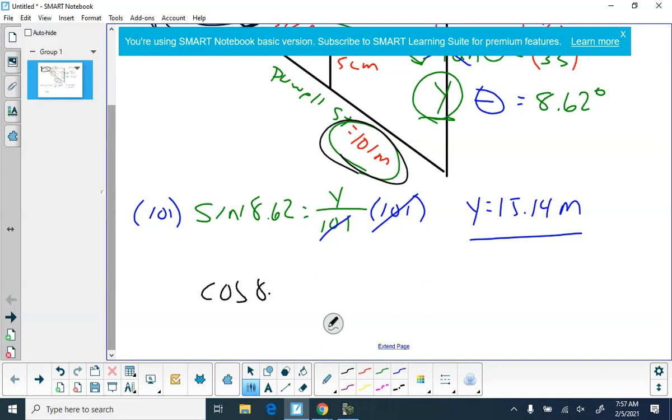Cosine 8.62 is equal to what over what? And whatever variable you use, that's fine. I use x. X over 101. We're going to do what to both sides? Multiply by 101. And what do you get for that distance? 99.86 meters, or 99.86 paces, because she is tall.